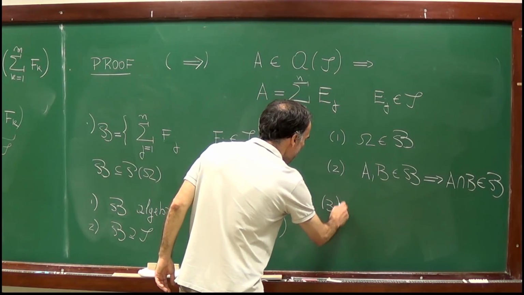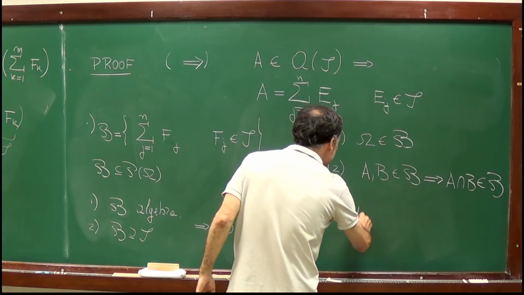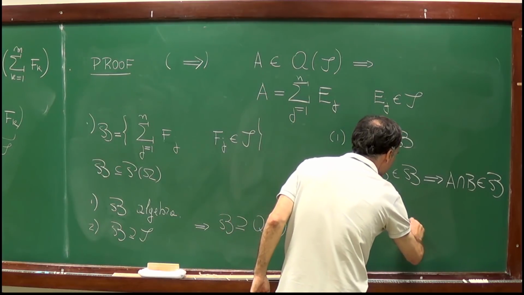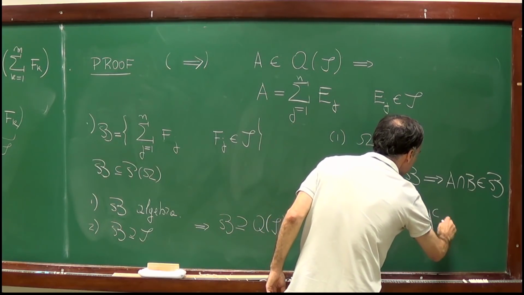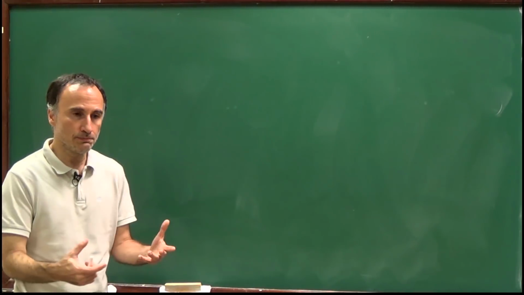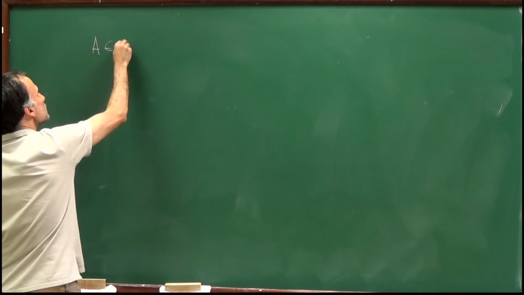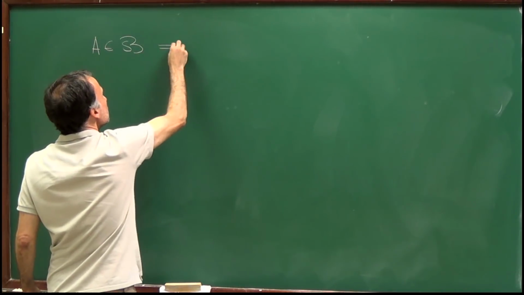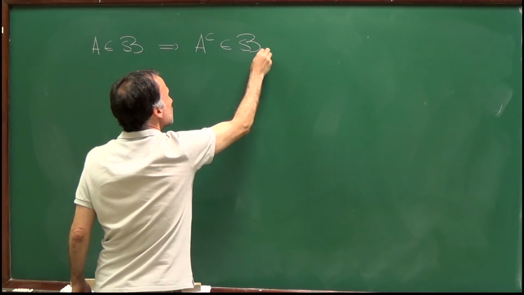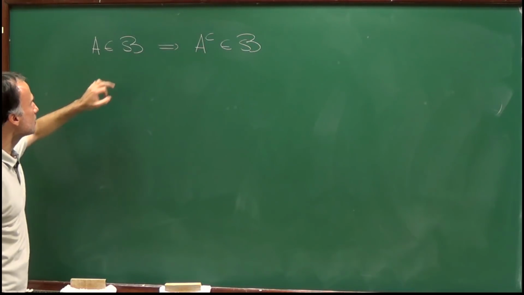So now we need to prove the third property, which is that if A belongs to B, then A complement also belongs to B. But what do we know when we say that A is an element of B?